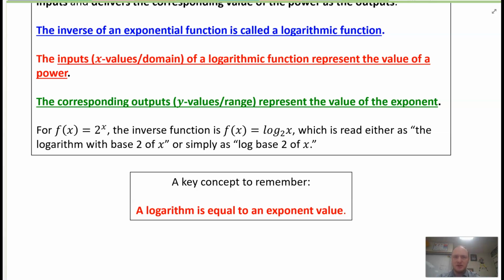There's a couple of ways you can read this. The common way is log base 2 of x, or you could say the logarithm with base 2 of x. But the most common one is the former. And a key concept to remember here is that a logarithm is equal to the exponent value.